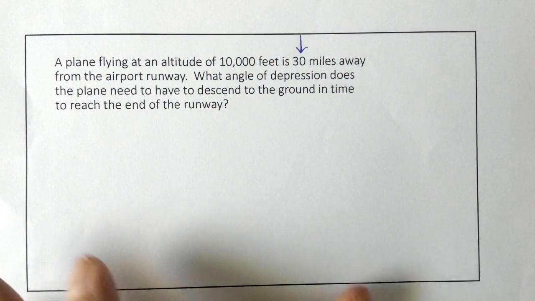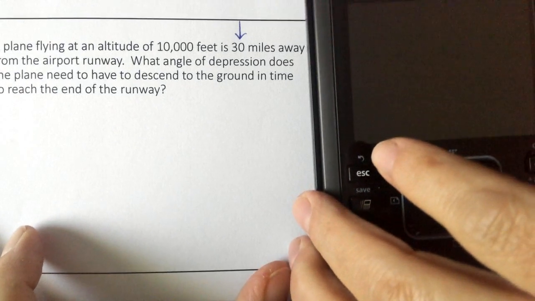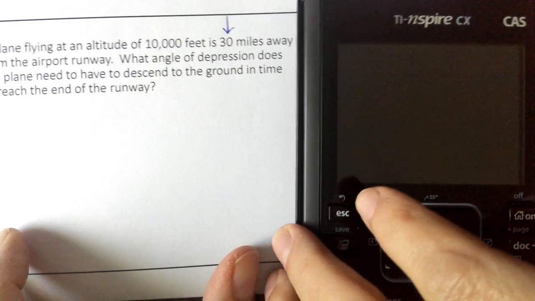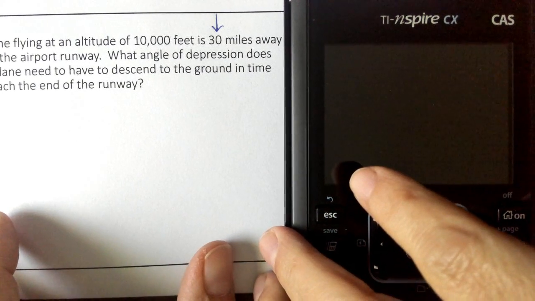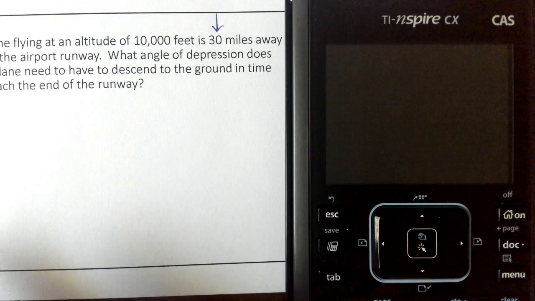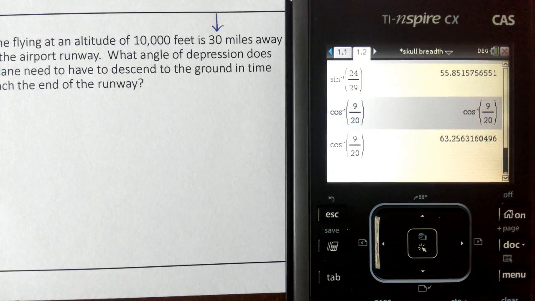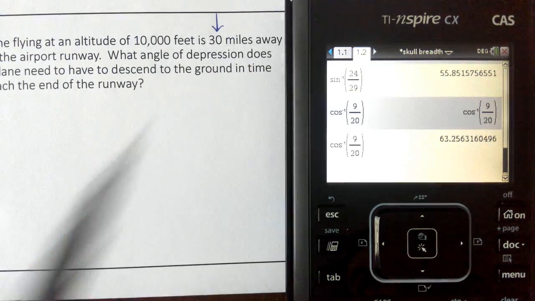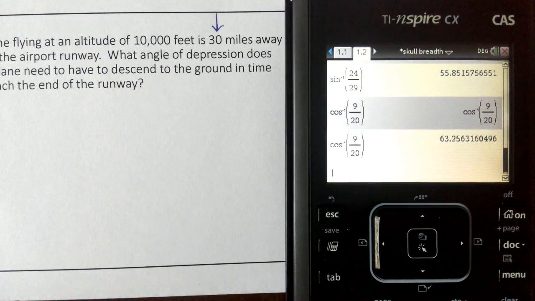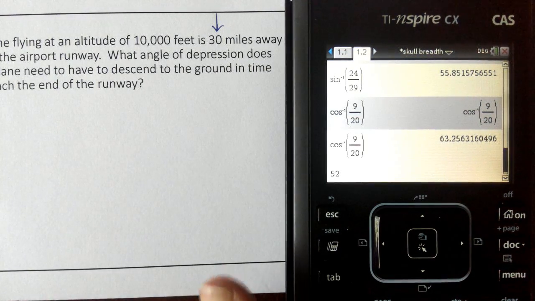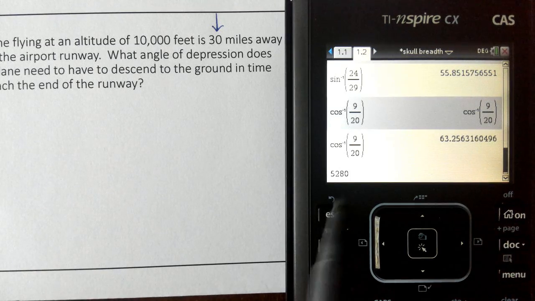There's 5,280 feet in a mile, which is something that was on our conversions chart back in chapter 7. Hopefully you still have that unit 7 conversion paper. We learned that 1 mile is 5,280 feet. So if you're going to go 30 miles, you've got to go 30 of those.